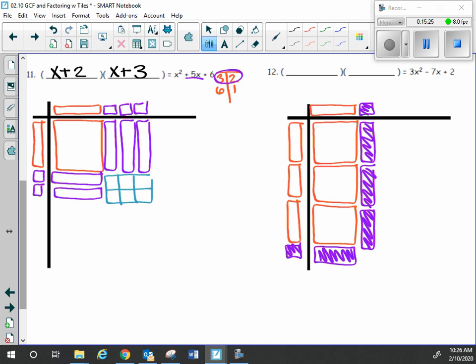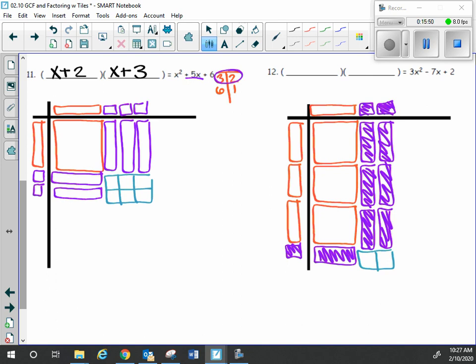The top. If I put it on the bottom, then I only would have gotten 1 more, but I need 3 more. So 1, 2, 3, and then negative 2 times negative 1 gives me positive 2.